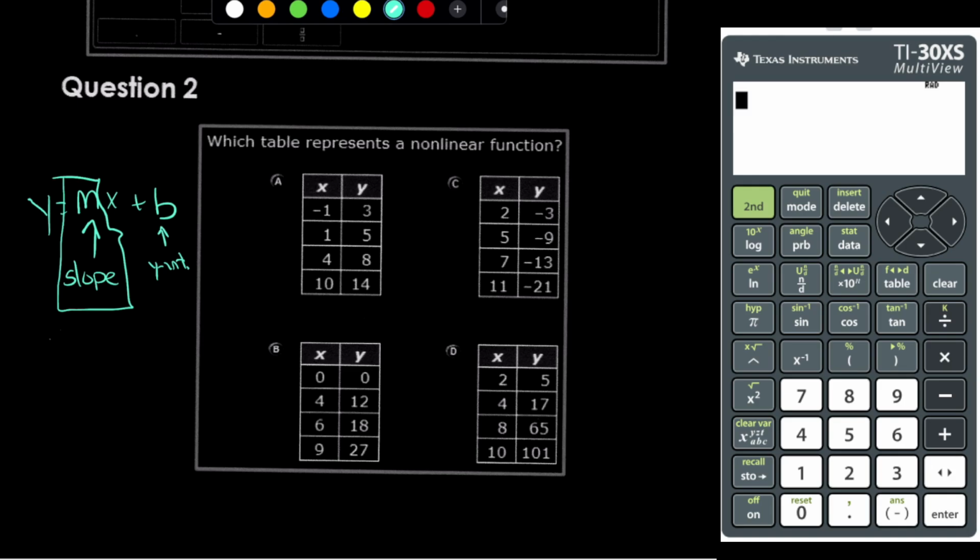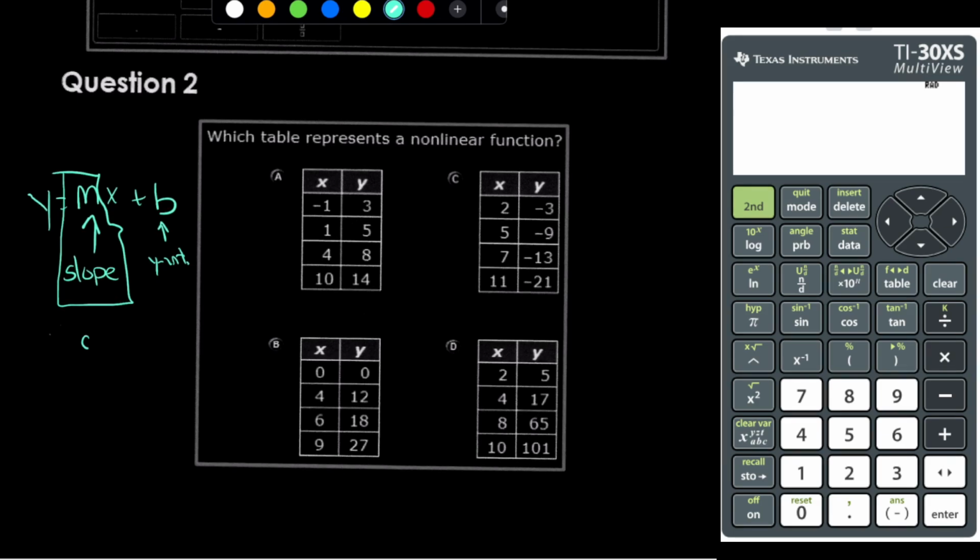So here's what you're going to do. You're going to go to each table. Remember, your slope is your change in y over your change in x. So we're going to see how our x is changing.